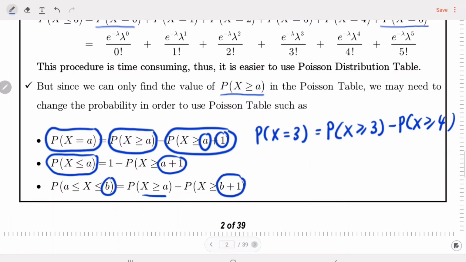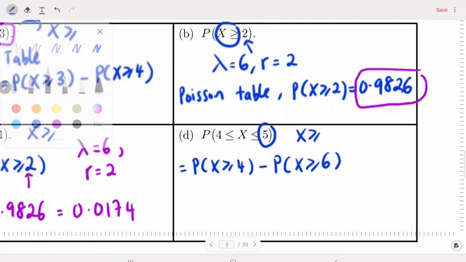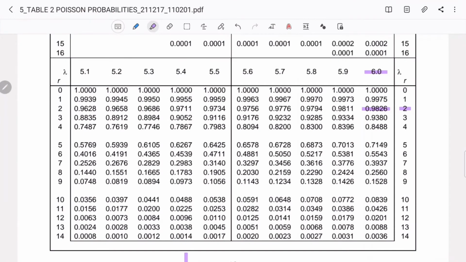So the probability X greater than or equal to 4, minus the probability X greater than or equal to 5 plus 1. Remember, b plus 1, so 5 plus 1 is equal to 6. Looking at the Poisson table, when lambda equal to 6, r equal to 4, minus r equal to 6.